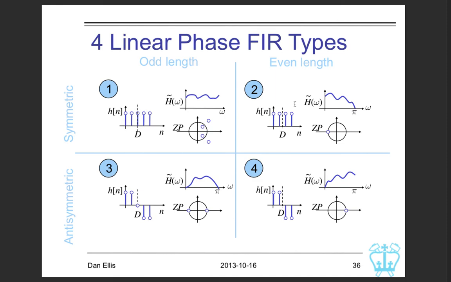And another possibility is that when the length of my filter is even, which means my capital N is odd, like it is 3 in this case. Then we have antisymmetric when my A of e to the power j omega is an odd function. Then these are the possibilities.